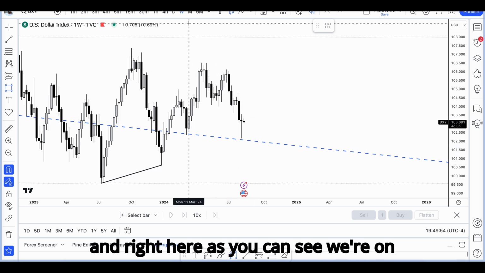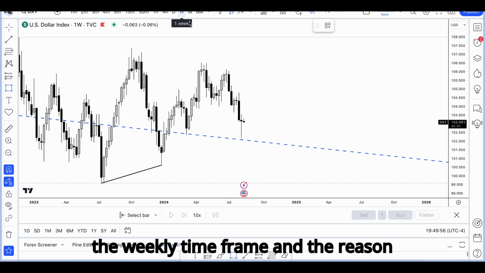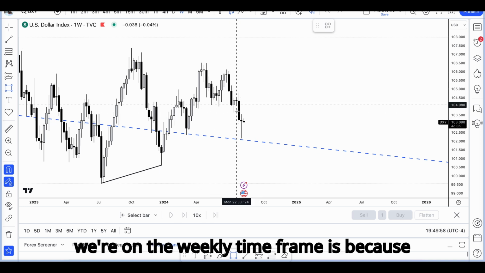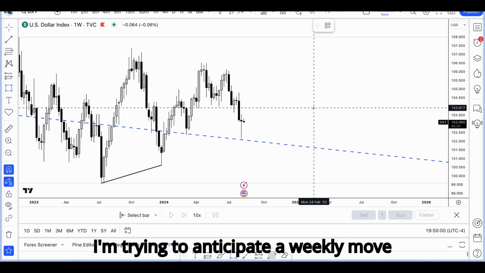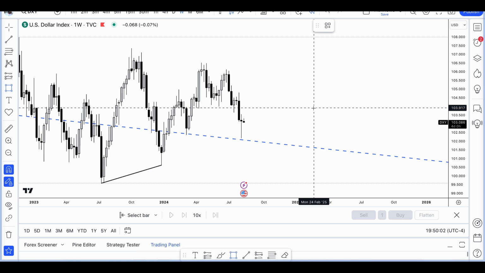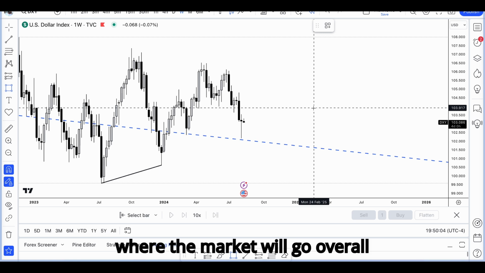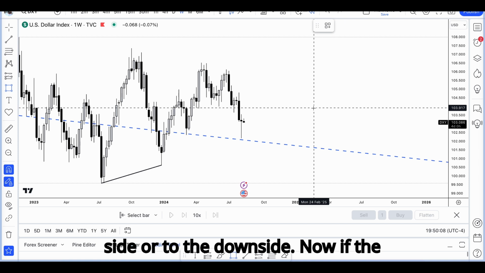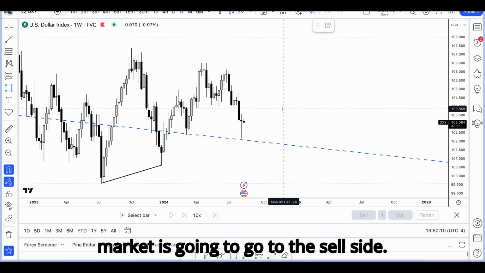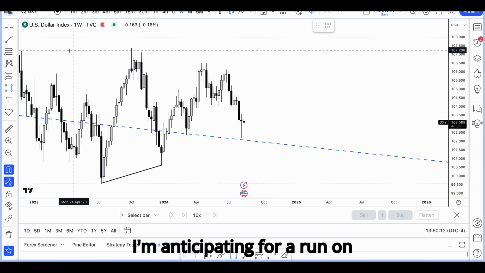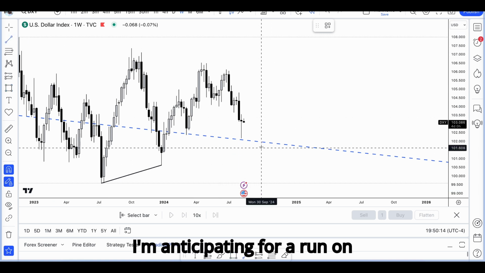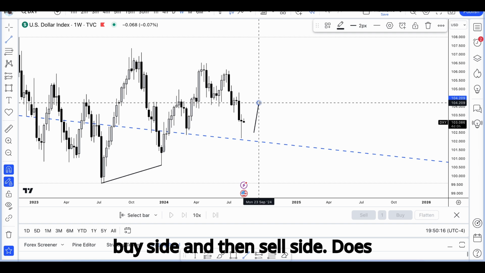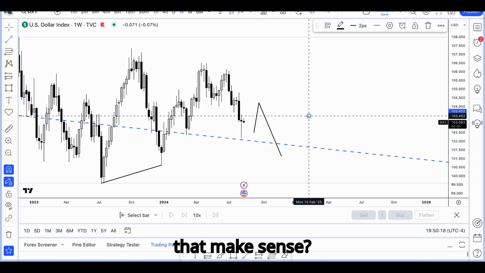We're on the weekly time frame because I'm trying to anticipate a weekly move where the market will gravitate to the sell side or to the downside. If the market is going to go to the sell side, I'm anticipating a run on buy side and then sell side. Does that make sense?